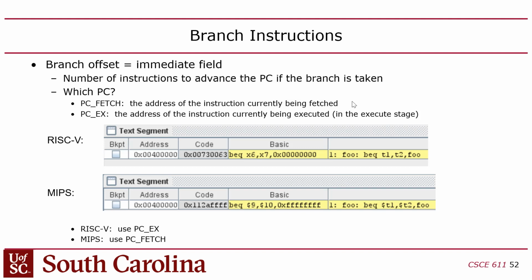The branches are I-type instructions, and the immediate field is used to designate where you're branching if the branch is taken. The branch is relative to the program counter, right? So it's the number of instructions you're going to skip relative to the branch instruction if the branch is taken. You guys with me? You guys remember that from 212?